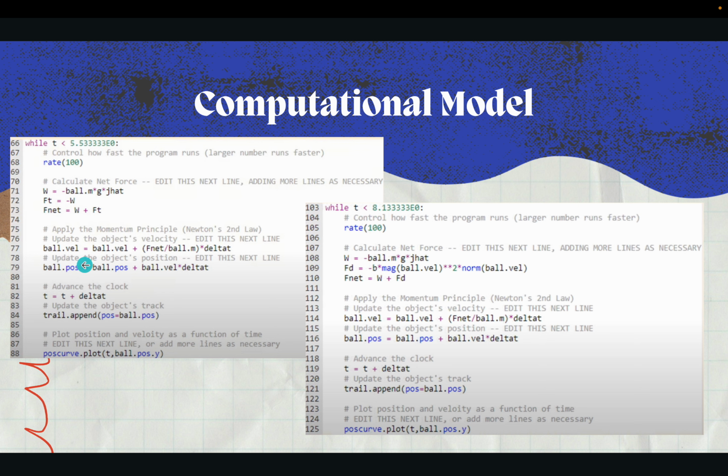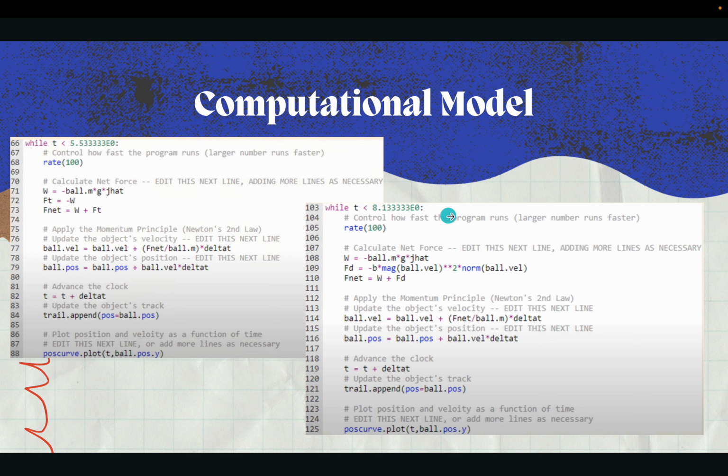Here we have our velocity and position update formulas, and we are also calculating the net force, where we have the effect of the gravitational force as well as the tension force, which is directly opposite of the gravitational force because the net force is 0, so they cancel each other out here. And then again our velocity and position update formulas.